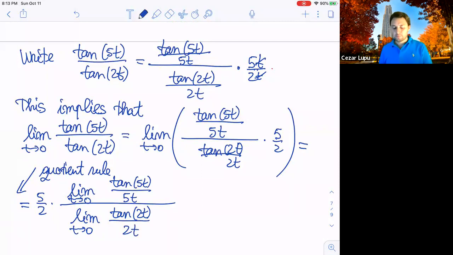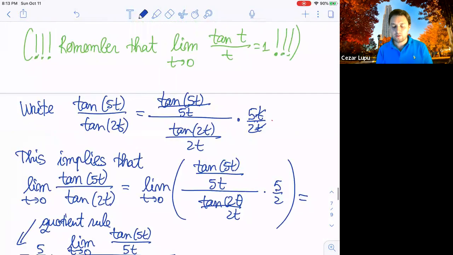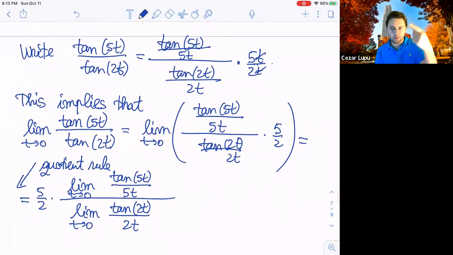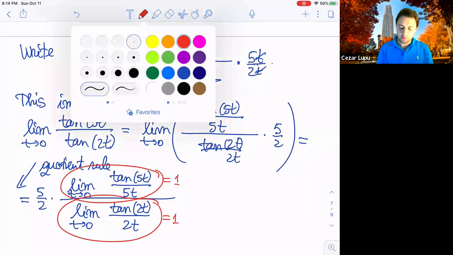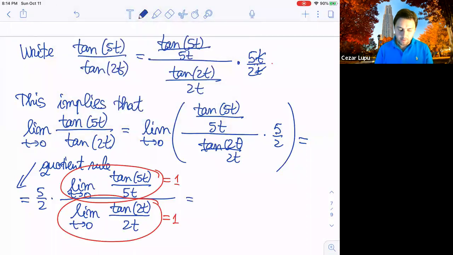But now, by virtue of what we said here, instead of t, you can put any multiple of t, as long as you have it both on the top and bottom. So by virtue of what we said, this one will be 1. This one will be 1. So the final result is 5/2 times 1/1, which is 5/2. And that's the final result.